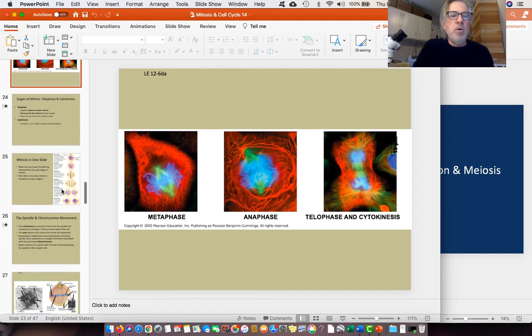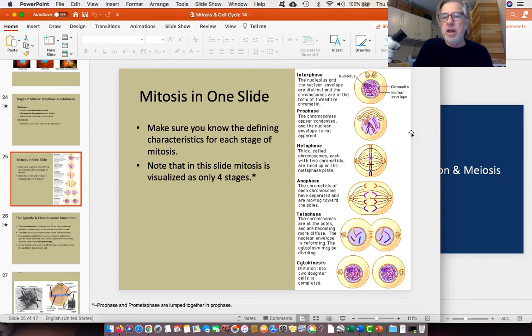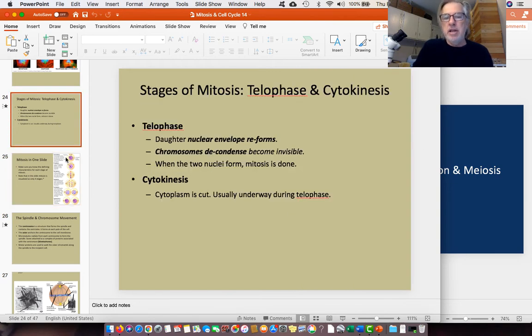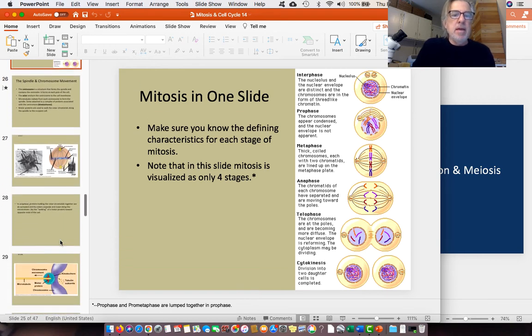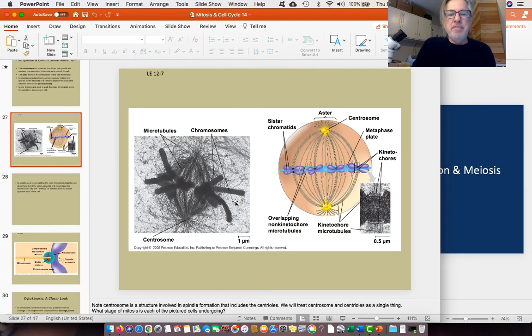Once again, in the PowerPoint, I have lots of ways for you to study this. The definitions are on each slide, and you can go over that on your own time. In a micrograph, metaphase looks a little messy, but you can tell that the centromeres, the center of the replicated chromosomes, are lined up in a straight line, or if you could see three-dimensionally, in the metaphase plane, the equatorial plane, or the metaphase plate.